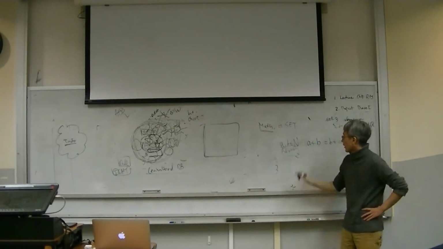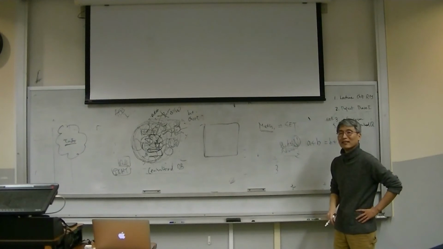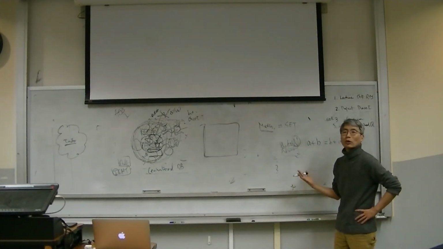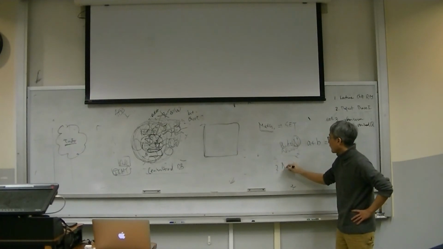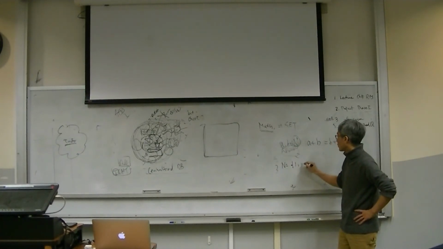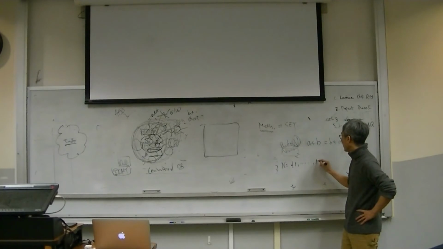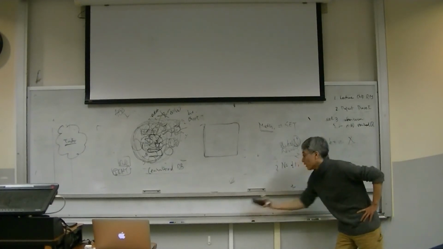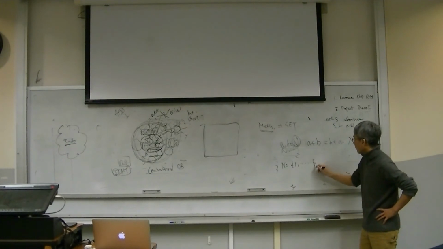So what is N? Instead of it being a natural number, how many numbers? We don't know. But they define N as 1, 2, 3, 4, such numbers.